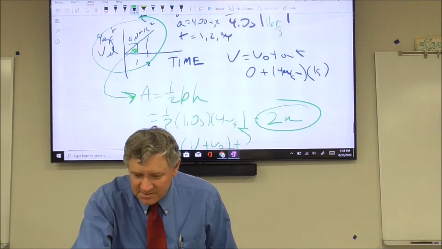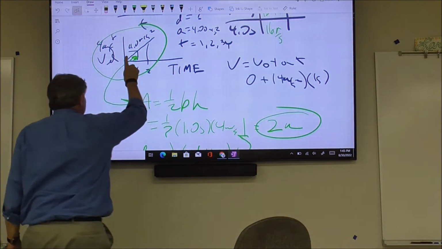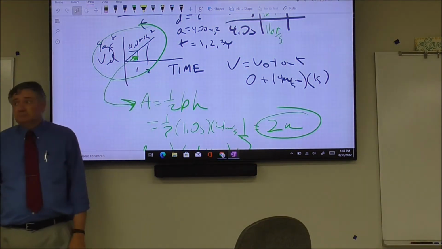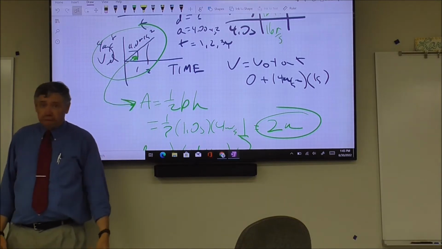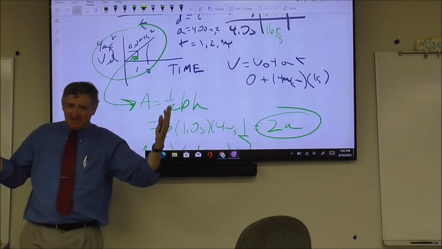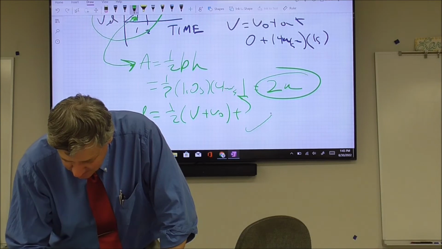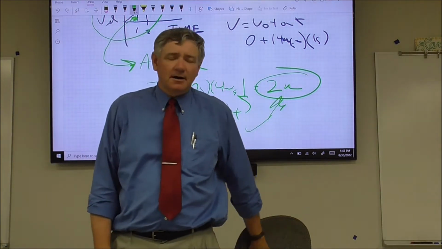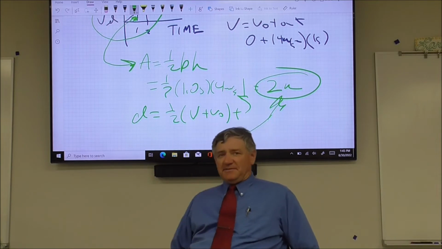Oh, my average velocity is 2 meters per second. That's kind of cool. It's my average of 0 and 4. Wow. Here's my base, 1 second. Oddly enough, I'm still going to get 2 meters.